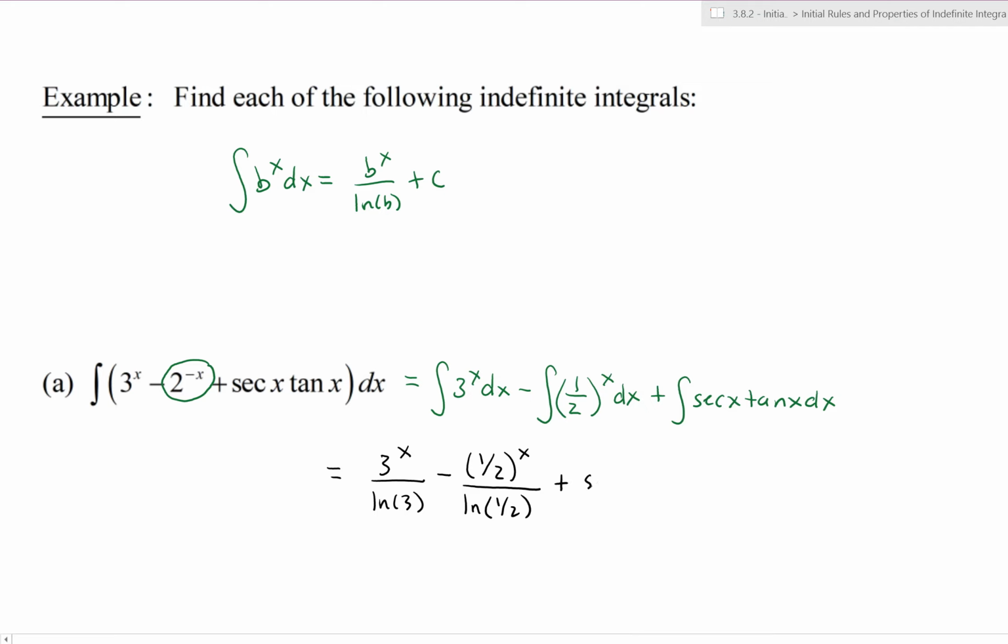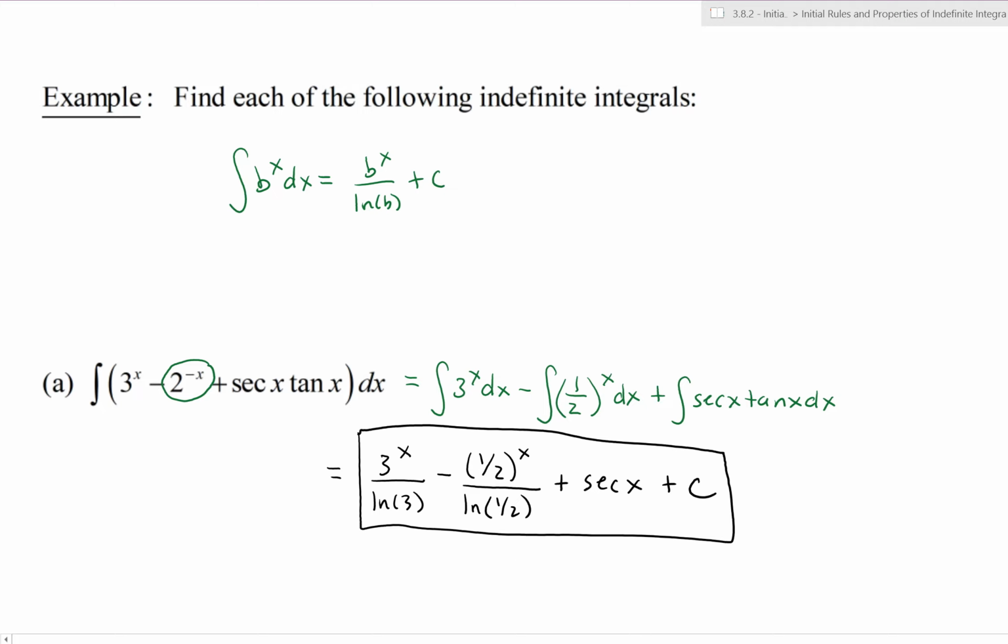Well, that is the secant function, secant of x here, plus our constant c. And if we chose to, we could rewrite that term right there so that the base was 2, but no real reason to do that. And there's our result, the family of curves, so that when differentiating that, we get back our integrand within the integral.